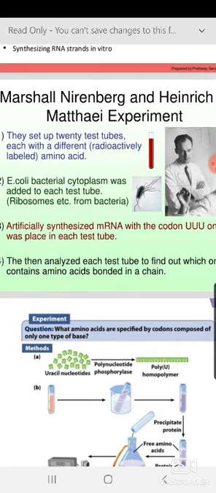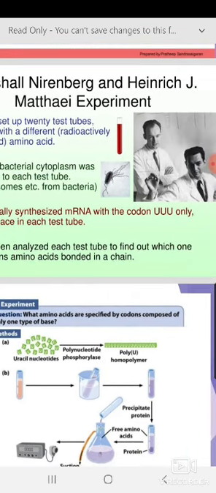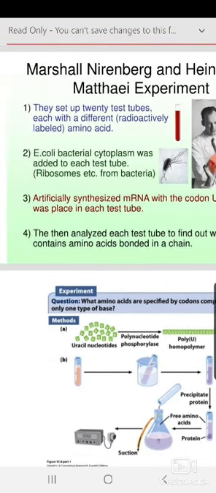Then they analyzed each test tube to find out which one contains amino acid bound in a chain. How will they detect it? Because one amino acid was radioactively labeled. If that amino acid recognizes UUU, the corresponding polypeptide will also be labeled. Understood?